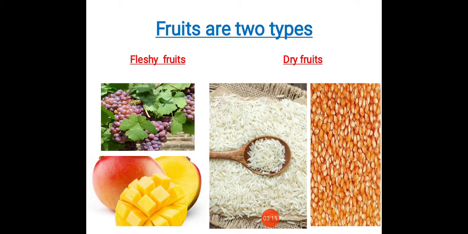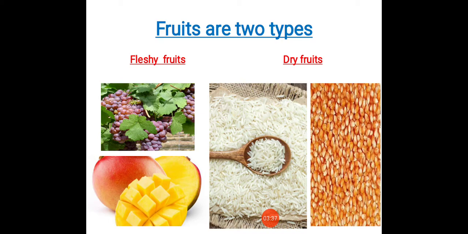The fruits are of two types, fleshy fruit and dry fruit. In fleshy fruit, such as mango, tomato and grapes, the mesocarp or both mesocarp and endocarp are fleshy.